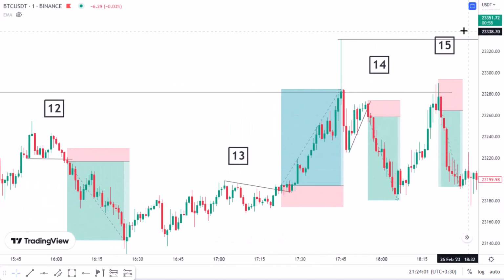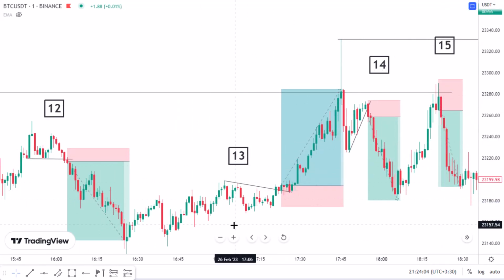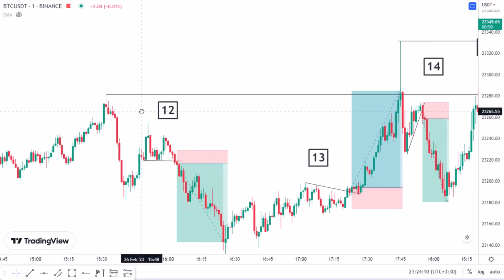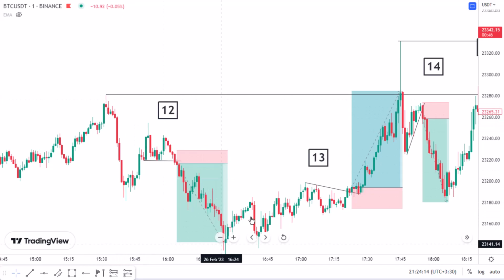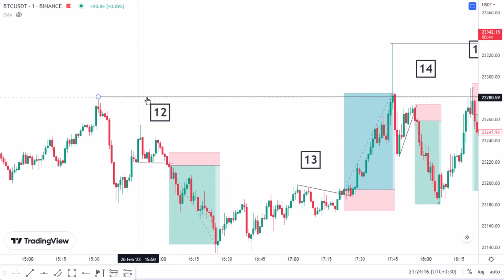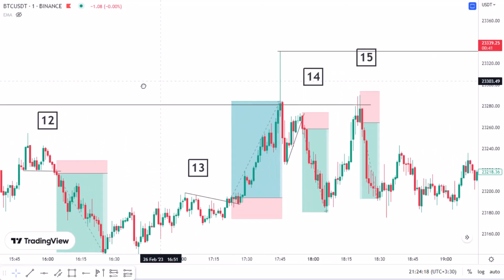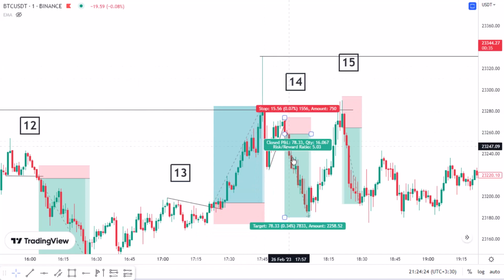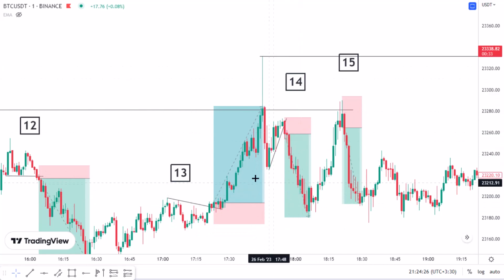On trade 15 you can see we have a resistance line starting from here. When the price comes to this level and goes down, we draw a resistance line like this. And when the price once again goes back to that level, it reacts to that level.